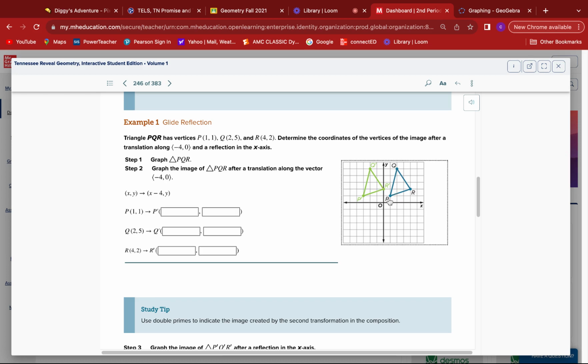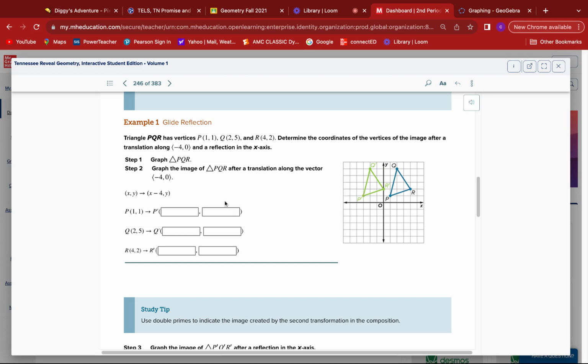So I see they did it for us. P to P prime is left 4: 1, 2, 3, 4. Q to Q prime is left 4. And R to R prime is left 4. Again, when this is a 0, you don't go up or down anything. All right. For you people who are visual, you can get your ordered pairs.